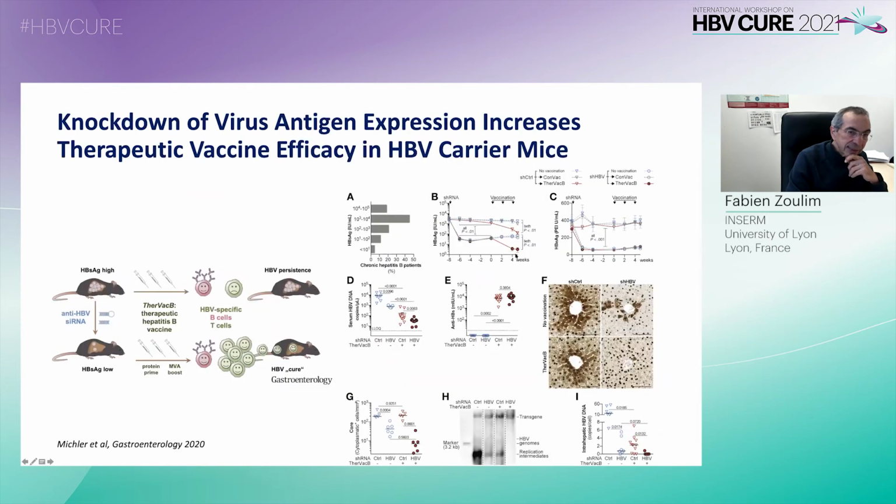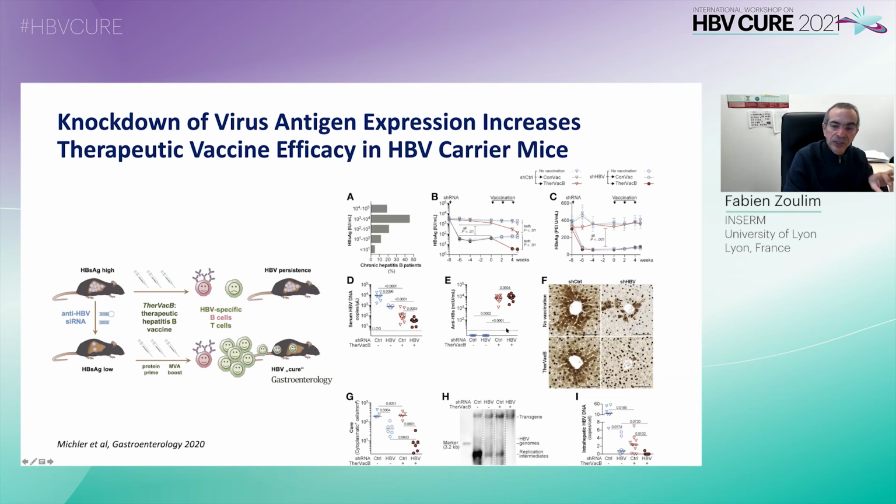And in that direction, there are new clinical trials starting based on strategies to knock down viral antigen expression prior to a therapeutic vaccine to stimulate specifically the immune responses. They are based on proof of concept studies in mouse models where transgenic mice that are immune tolerant were treated with siRNA followed by a therapeutic vaccine.